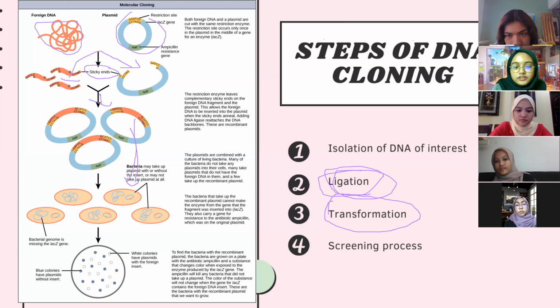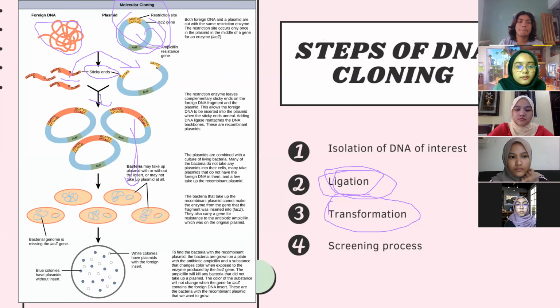First, we have to know that not all the bacteria would take up the recombinant plasmid. Most of them would not take up the plasmid. Most of them also will not take up the plasmid with the foreign DNA. That means it's just a normal plasmid like this one.